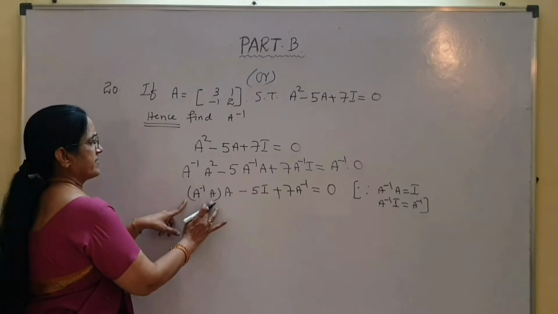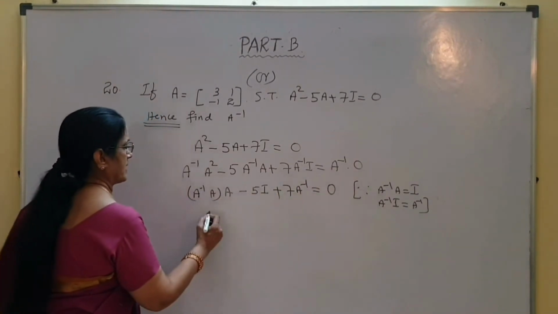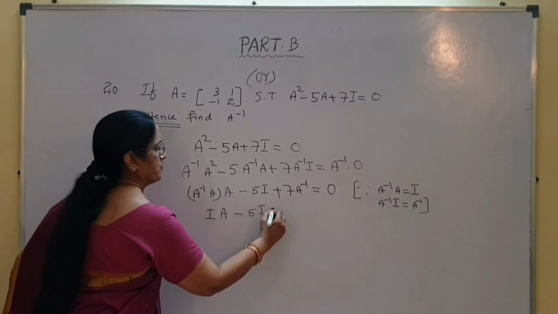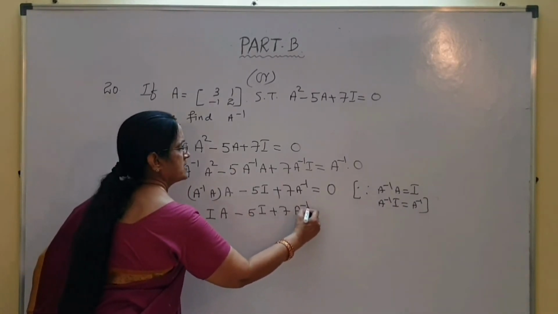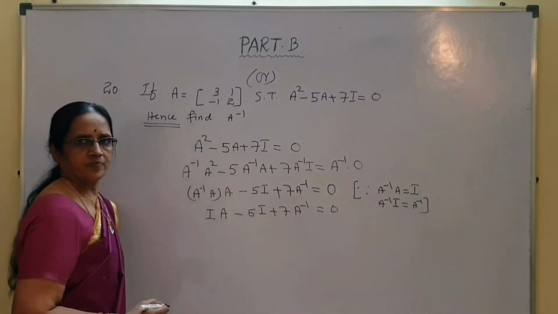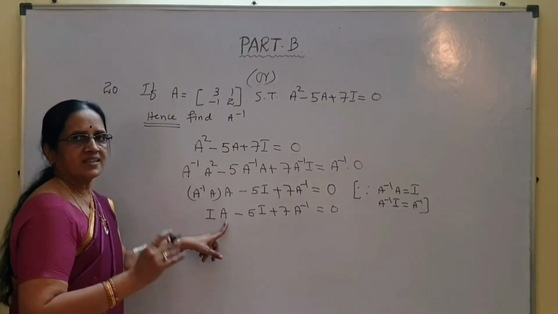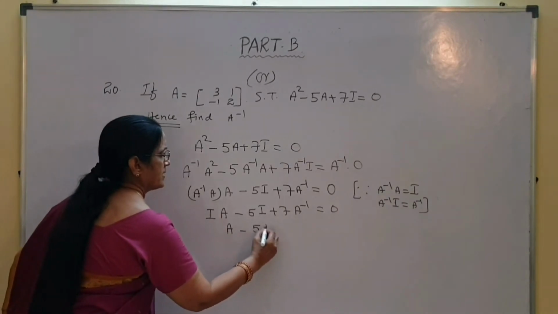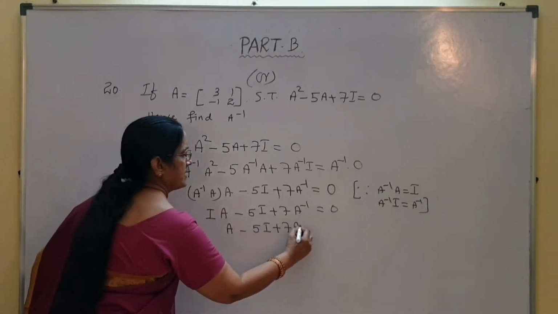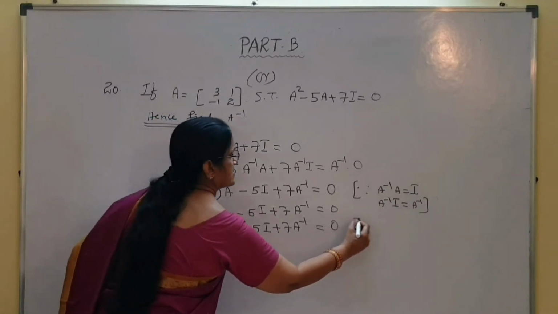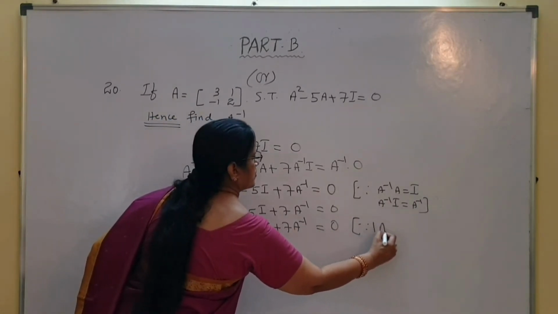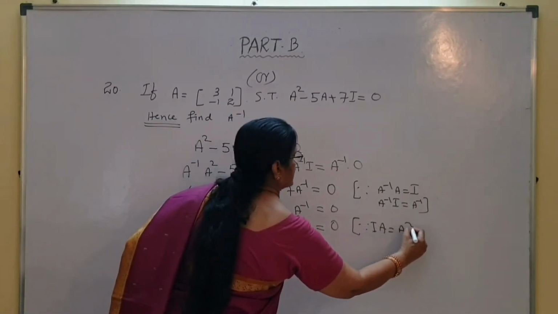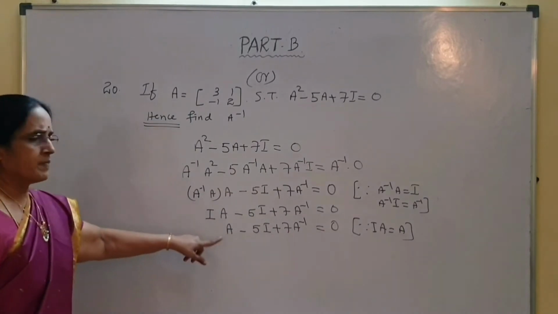Now, A inverse into A, already written over there, is nothing but I. So, I into A minus 5I plus 7A inverse equal to 0. I into A is nothing but A. So, A minus 5I plus 7A inverse equal to 0 matrix, since I into A or A into I is nothing but A. That is what I made use of here.